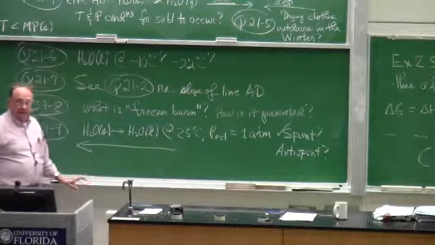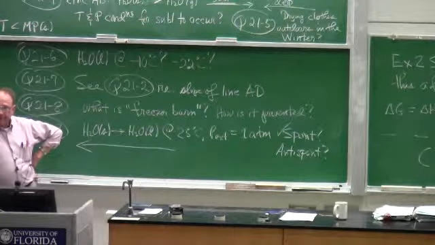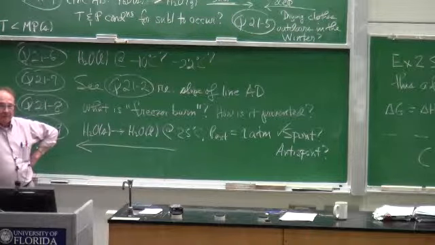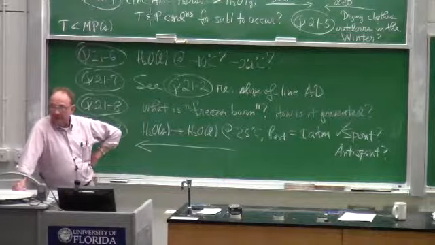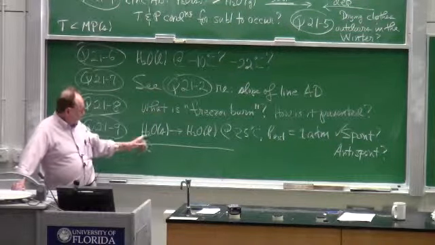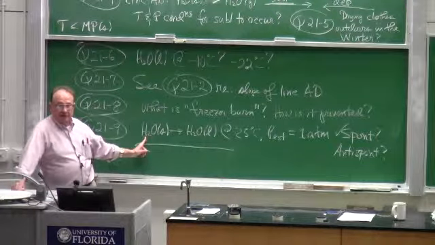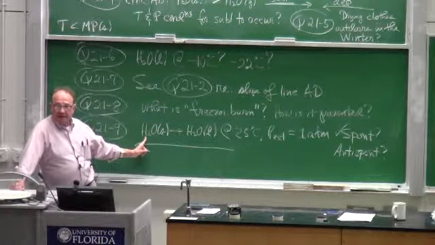Can this go this way? Look at the diagram. Now let the diagram talk to you. At 25 centigrade, is it possible to have water solid phase? How about 10 centigrade?